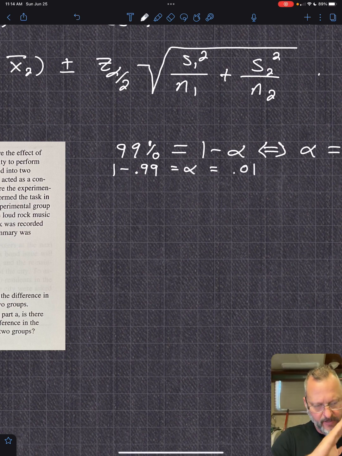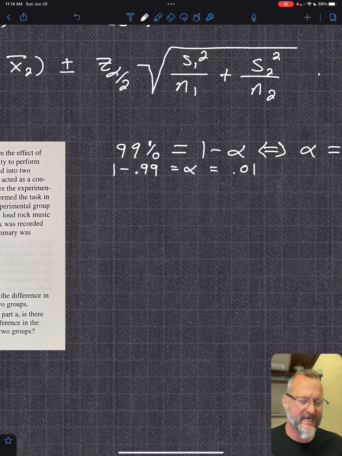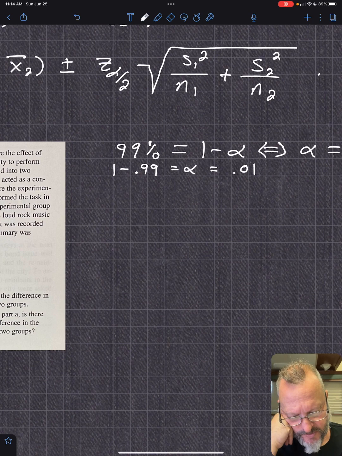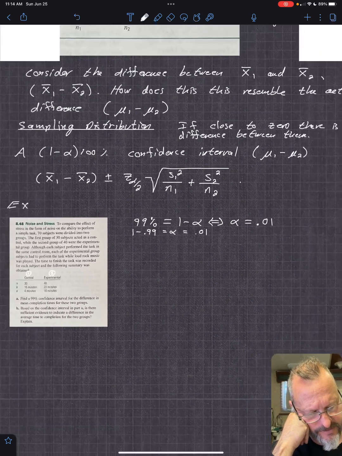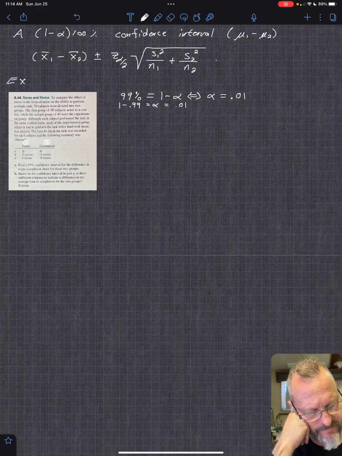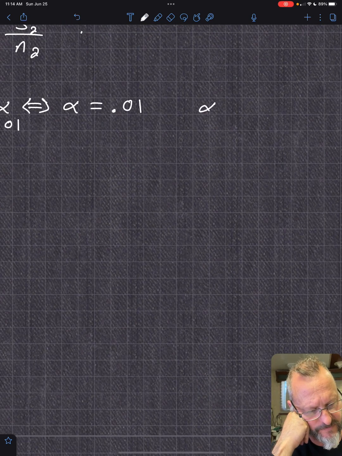So you can add alpha, subtract the 0.99, get the 0.01, and then you will divide by 2 to find your z-score. Okay, so then over here, you do alpha over 2.